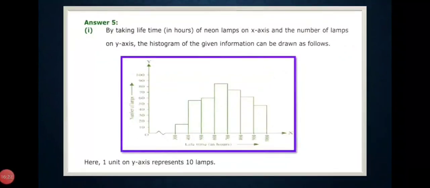So we have to show the zigzag line in the first box, and from the second box we will start selecting, that is 30, 40, 50, whatever is given in the lifetime of the neon lamps, and we take on the y-axis the number of lamps 10, 20, 30, 40, 50 in this way. Then for the respective class length we make the respective bar with the given frequency, also without leaving space between the rectangles of the histogram.